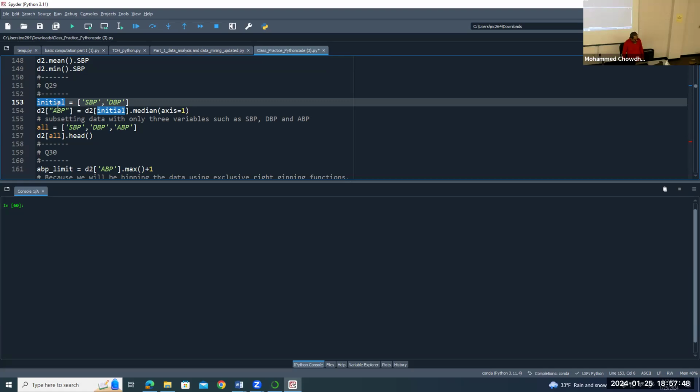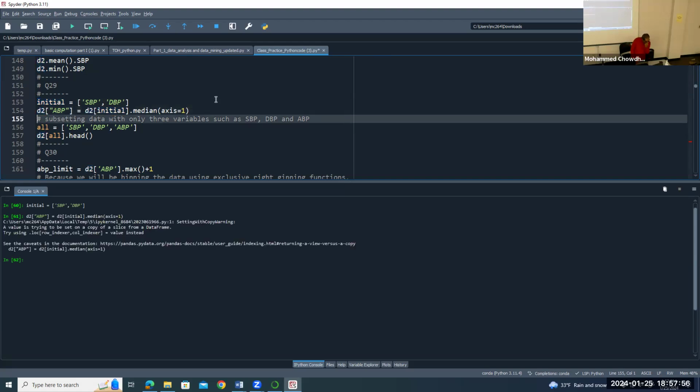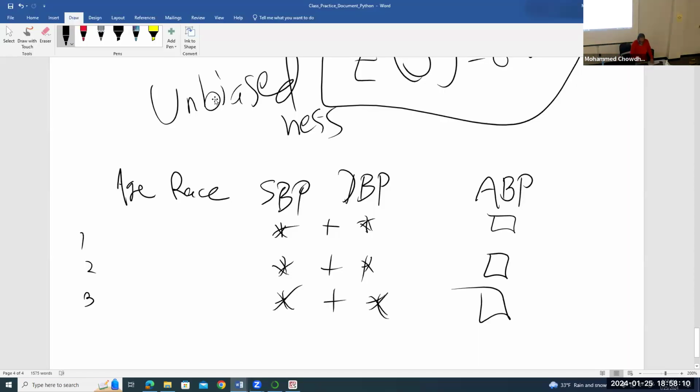So I have selected SBP and DBP, and I then run line number 154. Take a look. What is 154 running? Initial is this. I find the initial.median. If there are two numbers, mean and median are the same, right? Suppose you have 20 and then 50.